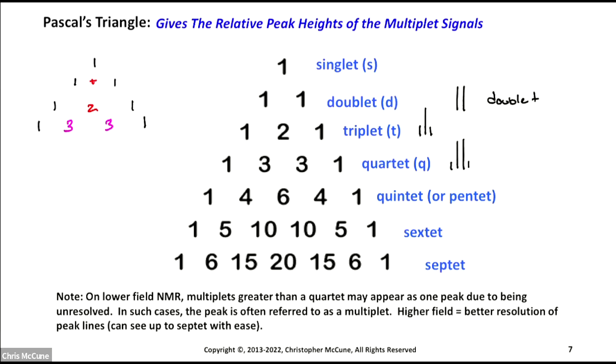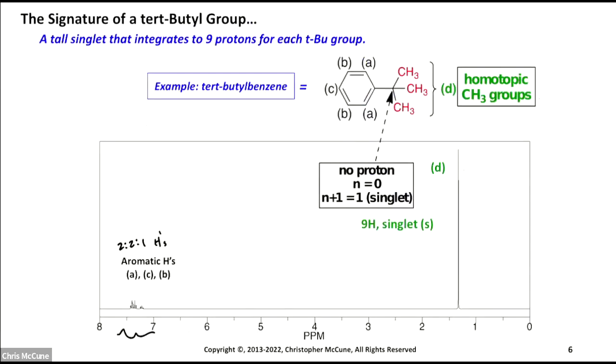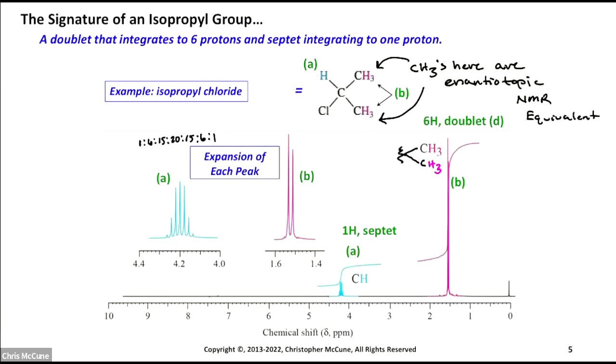But on higher field, more expensive NMR machines where you have much more powerful magnets being used, you get much better resolution of those little fine structure splitting patterns. And so you can see with ease even a septet. And so this is a nice NMR where you can see the septet there.